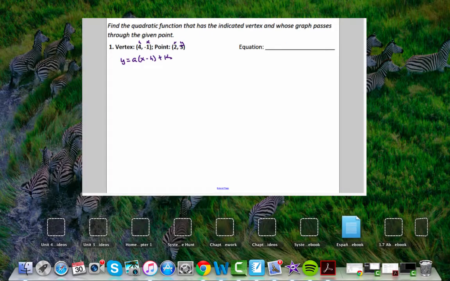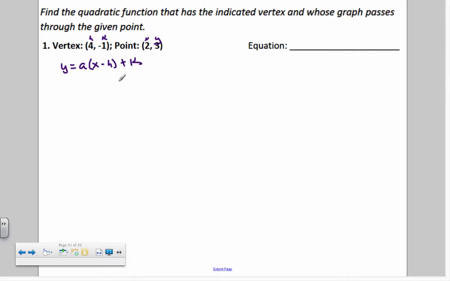I want to write this as a general equation, for all x and y, so I need to figure out what a is. I'm going to start by plugging in my h and k. So I have y equals a times (x minus 4) plus k, which is negative 1. Now I'm going to plug in my x and y.